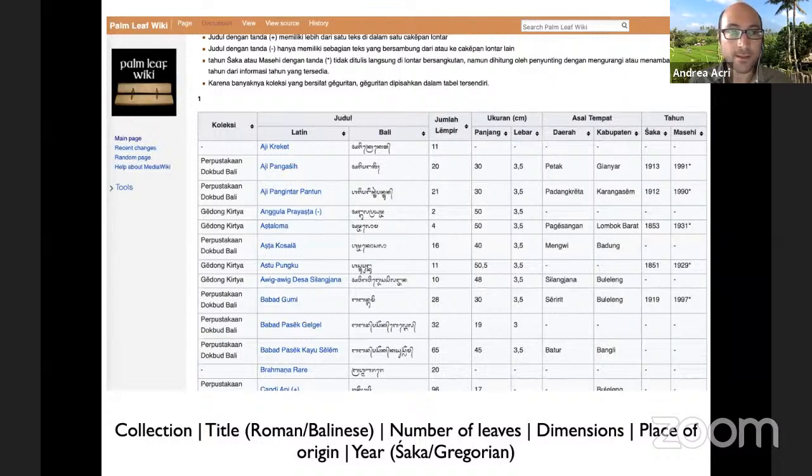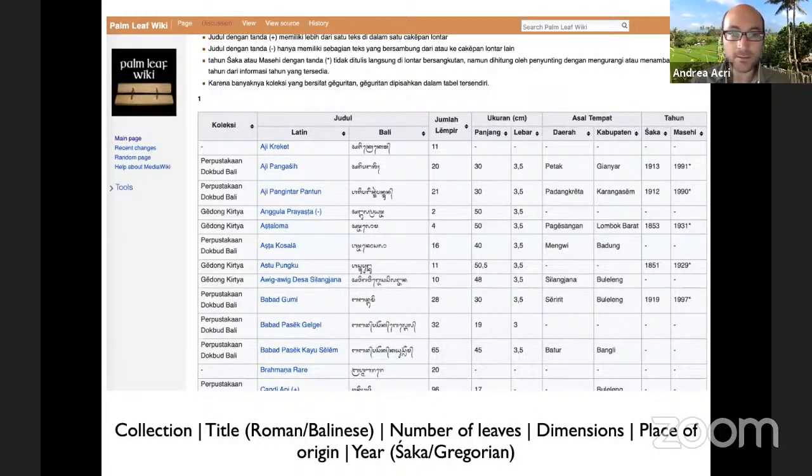Now, for the metadata, well, this is what they basically present. They give the name of the collection, the title of the text in Roman and in Balinese, number of leaves, the dimensions of the object, the place of origin, and the year in both Shaka and Gregorian.